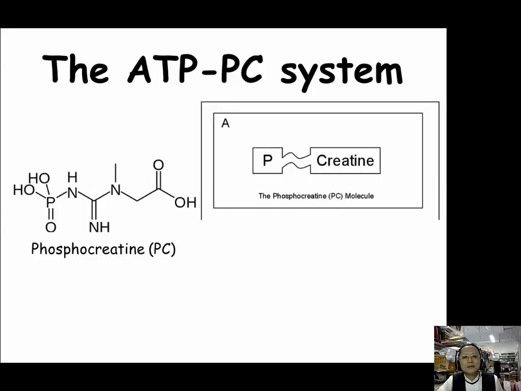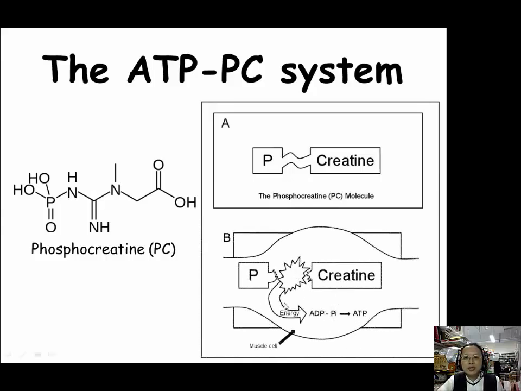Then the ADP is regenerated to ATP by the phosphocreatine. Phosphocreatine is hydrolyzed and gives the energy to ADP to generate ATP. This system is only good for the first 10 seconds of our exercise. It doesn't produce lactic acid and it doesn't require oxygen, so it's usually called the alactic anaerobic system, which is the ATP-PC system.